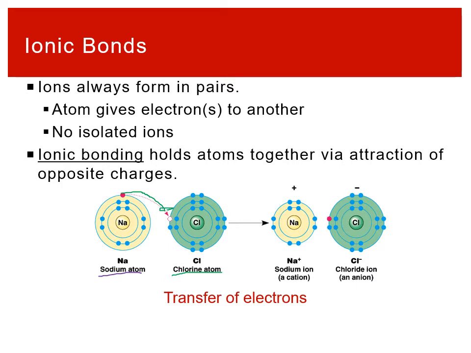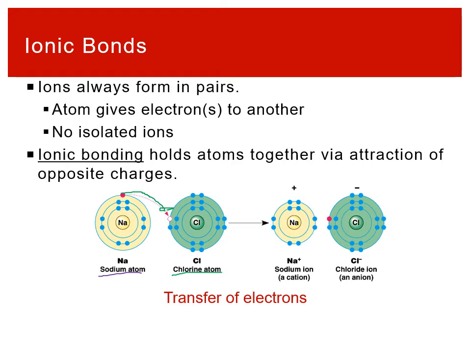This transfer of an electron means that one of the atoms becomes a cation and one becomes an anion. And so whenever ions form, it's always going to be in some sort of pair with another or more atoms. You never have isolated ions.